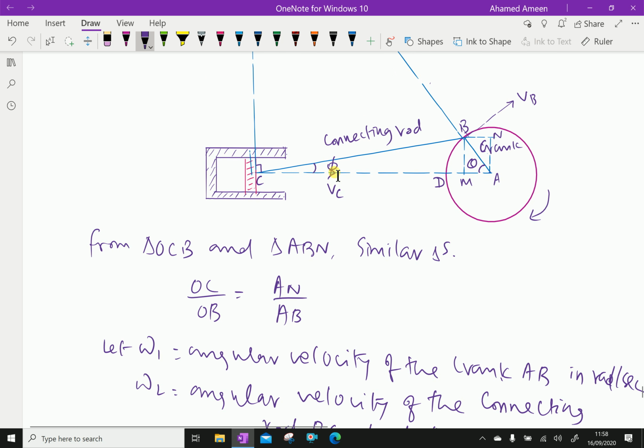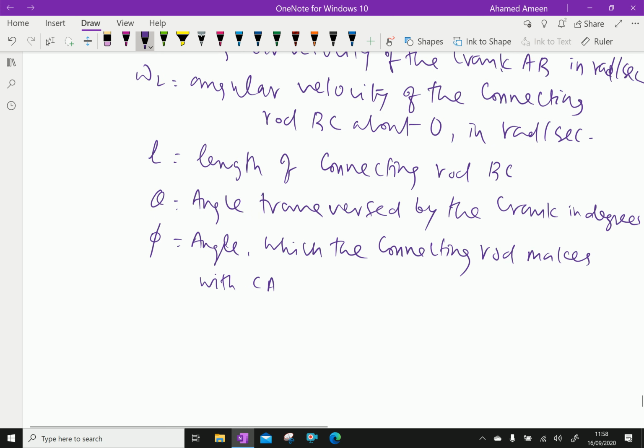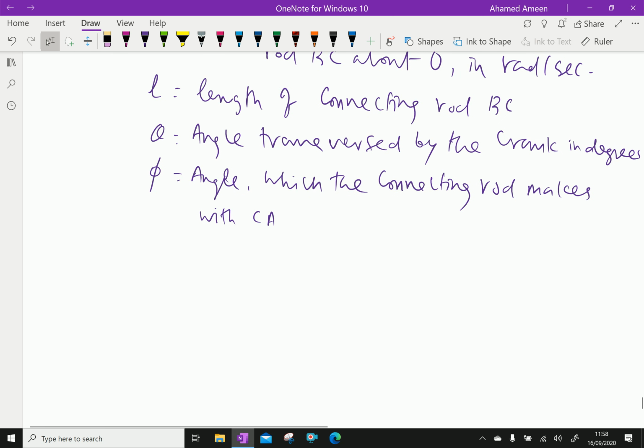It is known as the obliquity of the connecting rod.